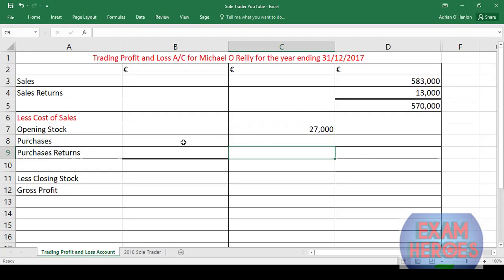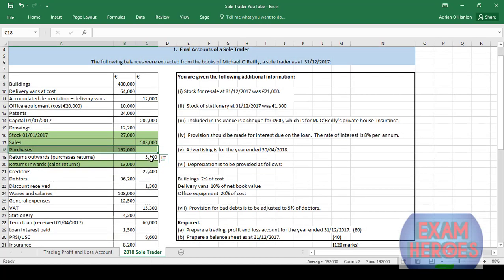Now I'll put this into the left column. The reason being is that I have an adjustment here, and when you have your adjustment, then the adjusted figure goes into the middle column here. So the adjustments go in the left column and the adjusted figure goes into the middle column here. So we'll get our purchases returns, which are 5,100.